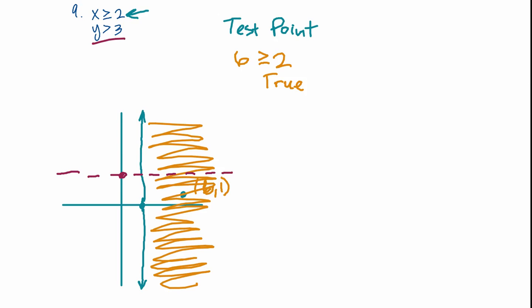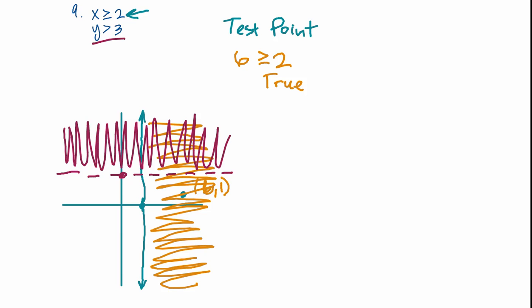And then we're going to look at the y's that are greater than 3. That's everything above here. Greater than is always above. And your solution to your system is where these two shadings cross between your two boundary lines. There's the solution right there.